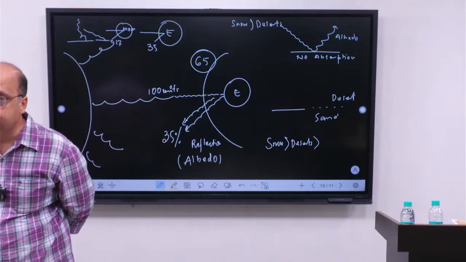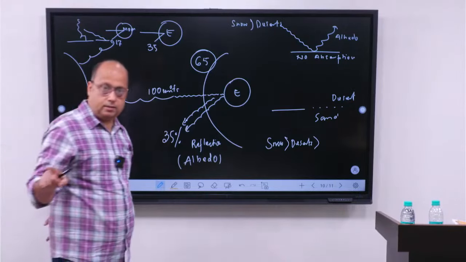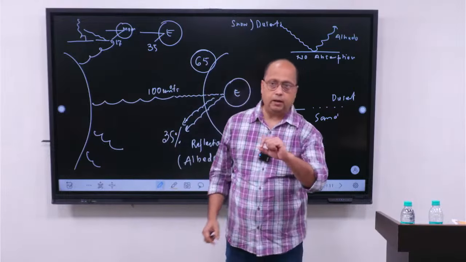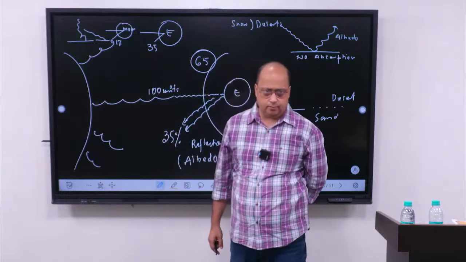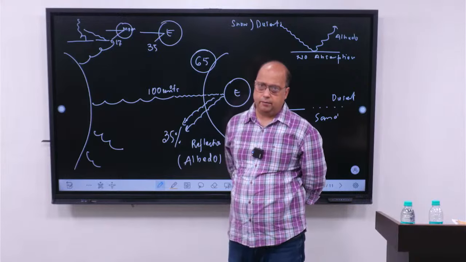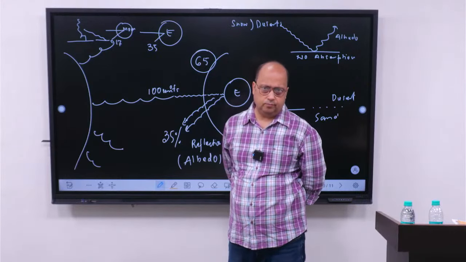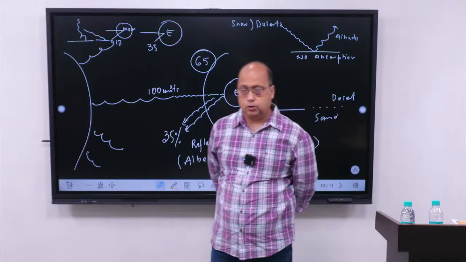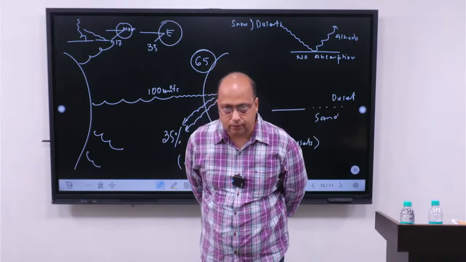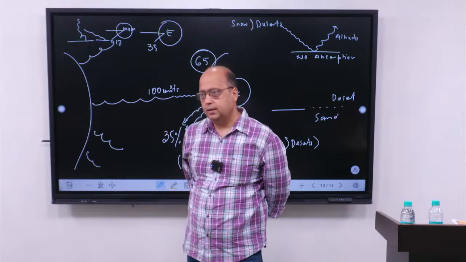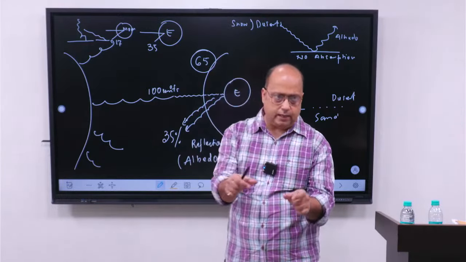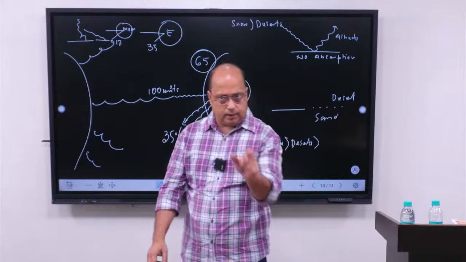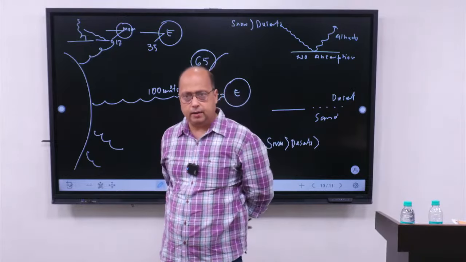Yes, the reflectivity. So write the first point: it indicates reflectivity. Okay? And also it indicates brightness of the surface. So write brightness. Second point. I'll give you the definition. Let us list reflectivity, then brightness.